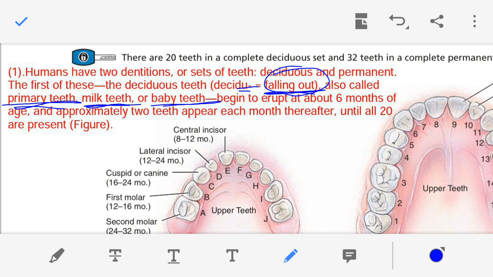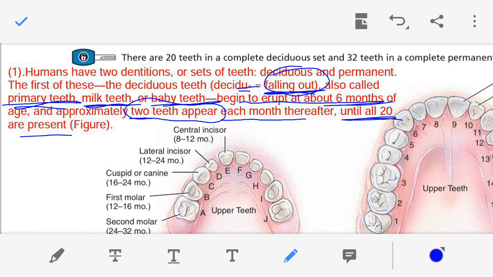They develop, or erupt, at the age of 6 months in the baby, and then after 6 months, each month two teeth appear, and this process of eruption continues until all 20 teeth are present.